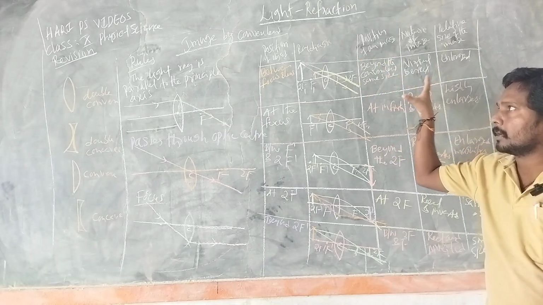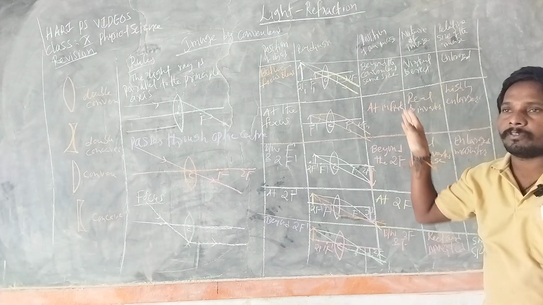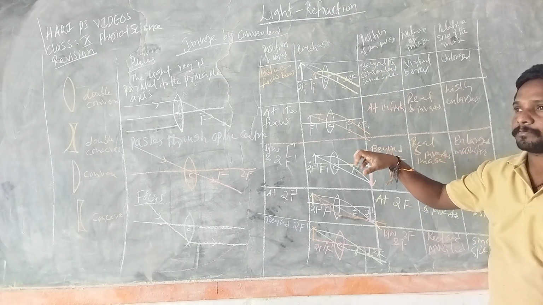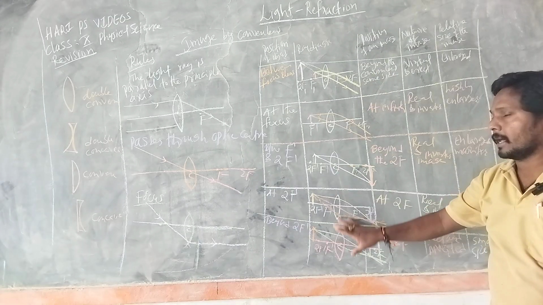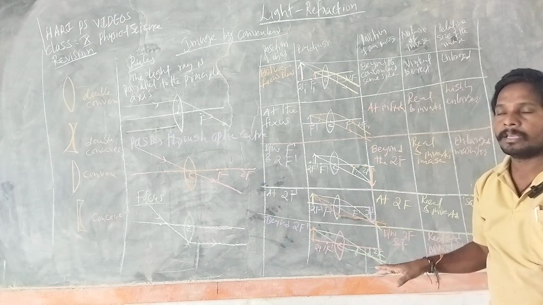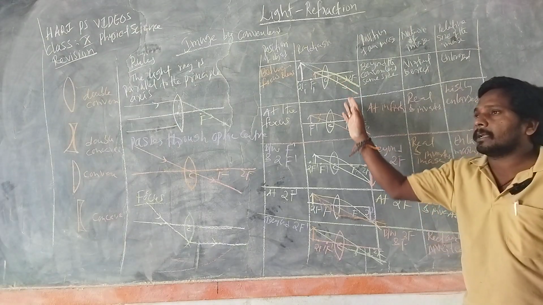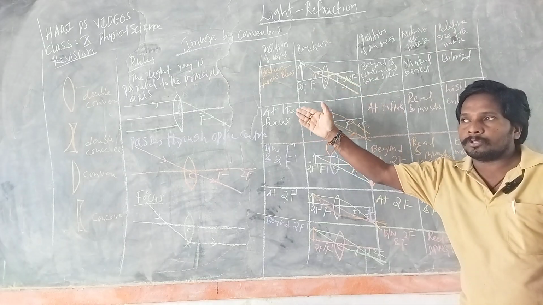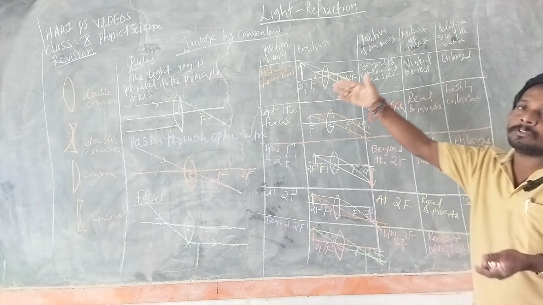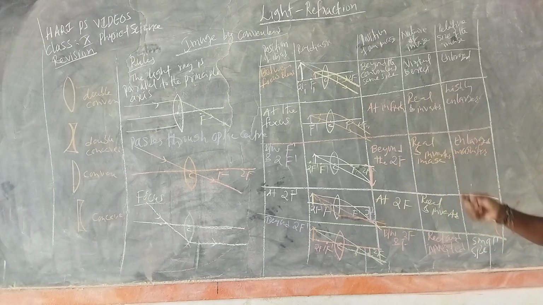Draw rays parallel to the principal axis, passing through the optic center, or passing through the focus. Practice the ray diagrams properly, then you know the position of the object very well. When you know the position of the object, the position of the image is also known. I told you a simple connection just now.